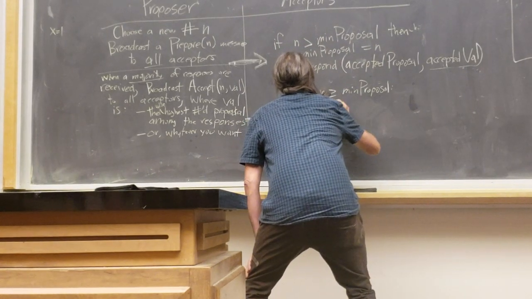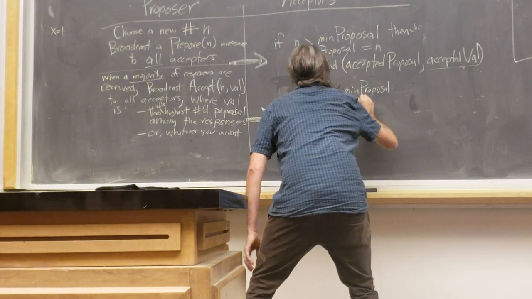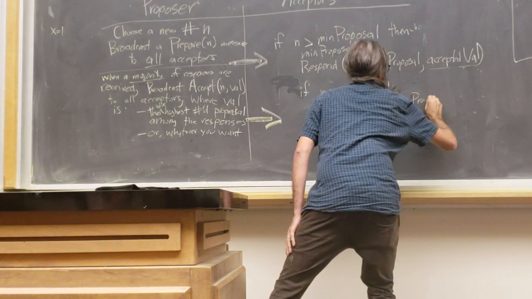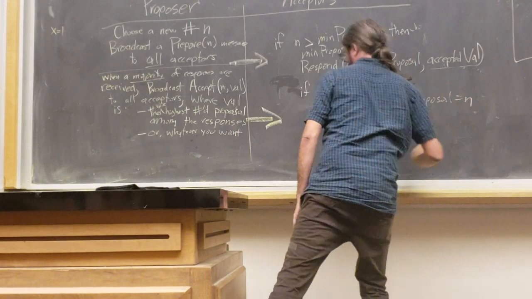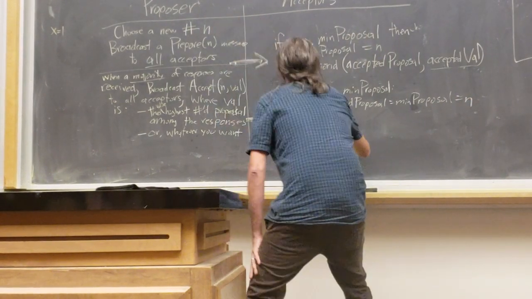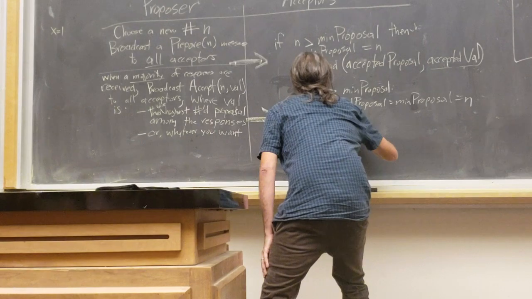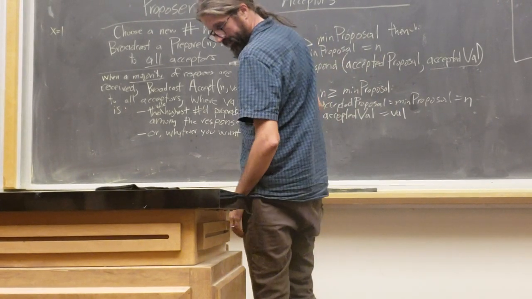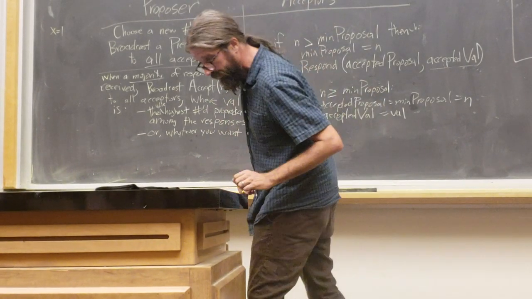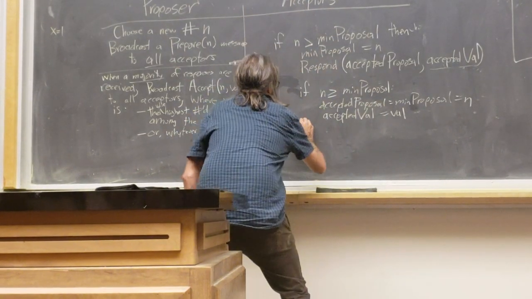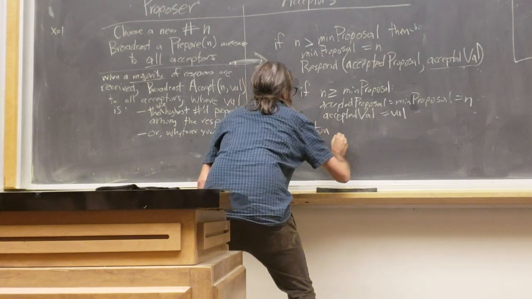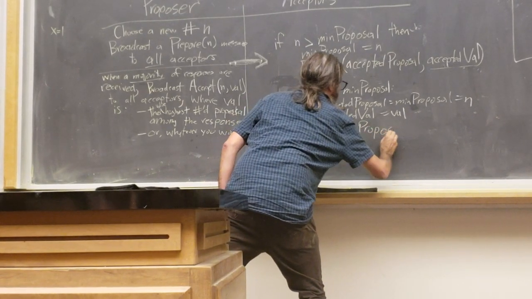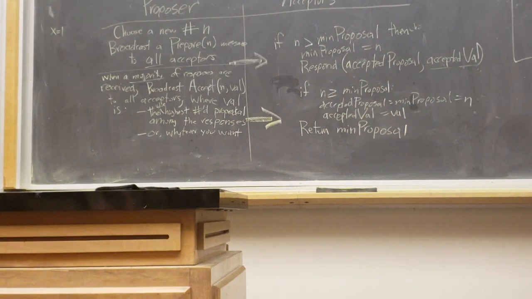Accepted proposal equals min proposal equals n. Accepted value is val. Return outside the if. Min proposal. What? Okay, what's happening here?